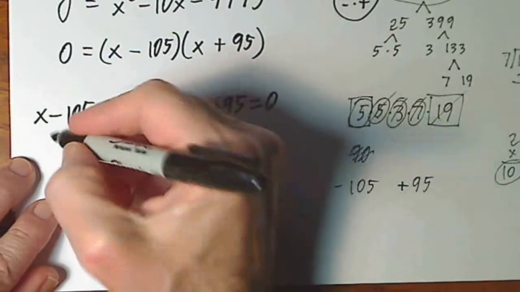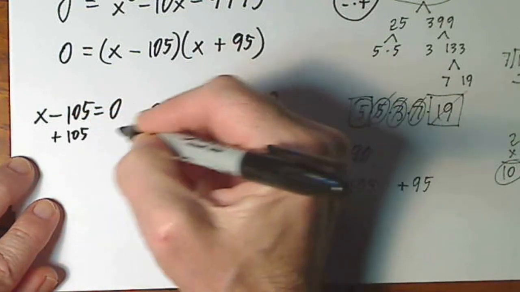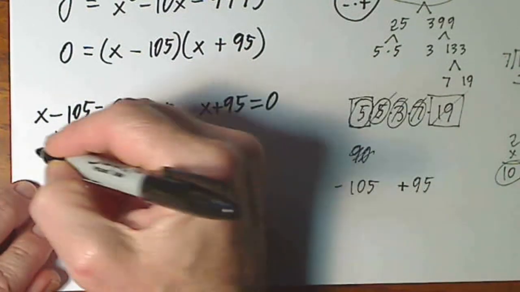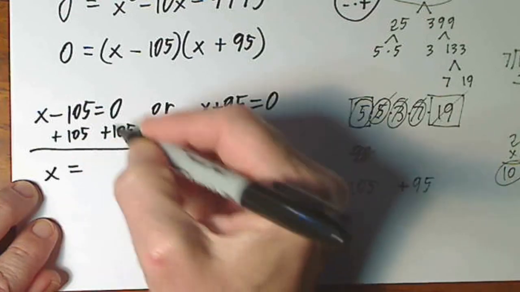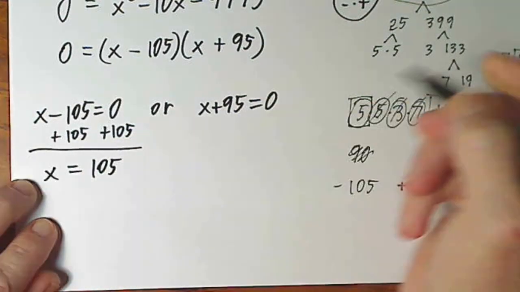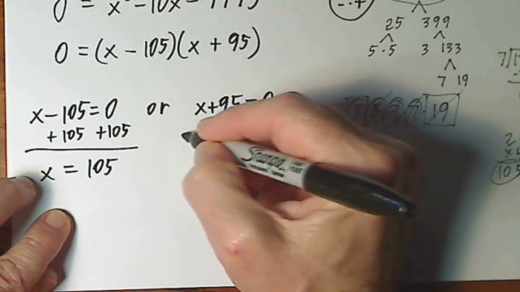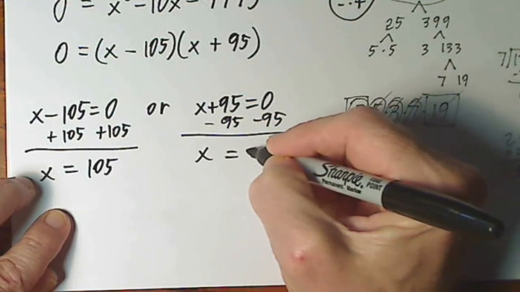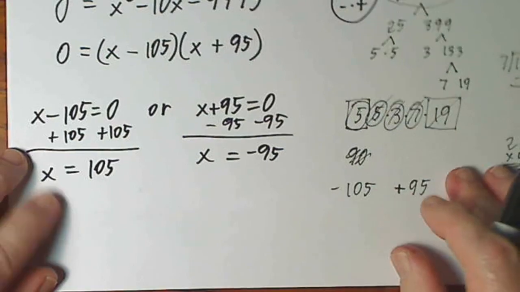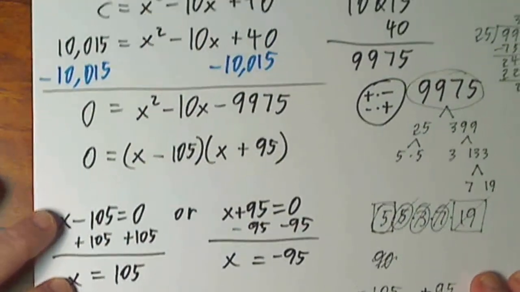You solve each one for x: add 105 to both sides, so x equals 105, and subtract 95 from both sides, so x equals negative 95.